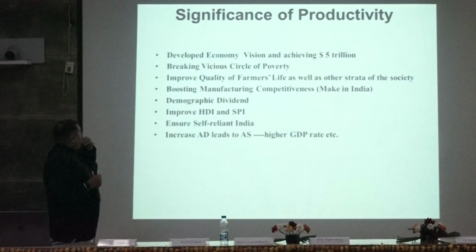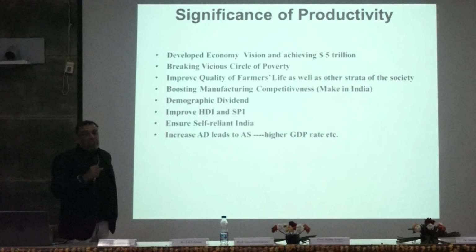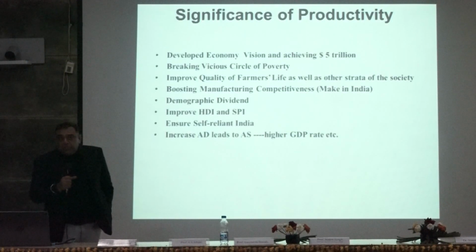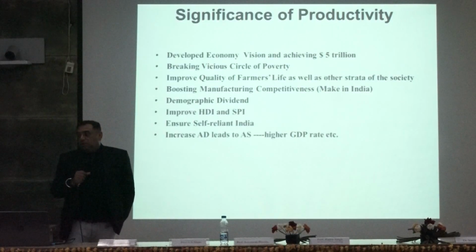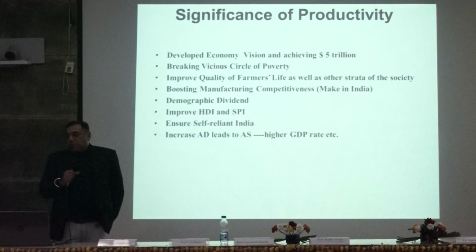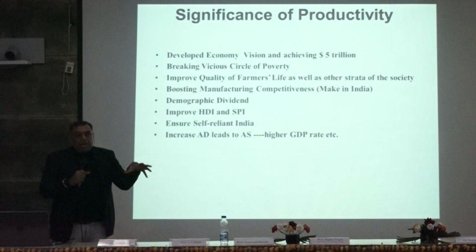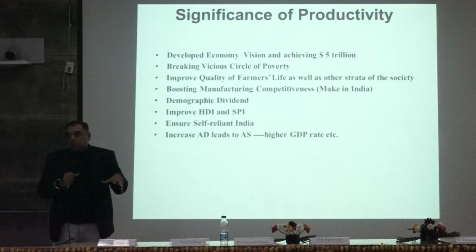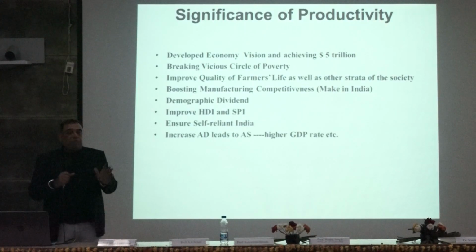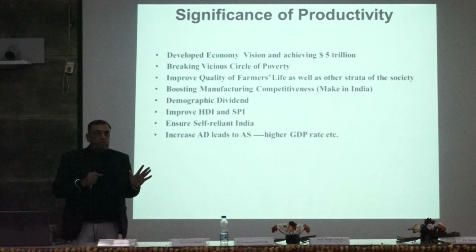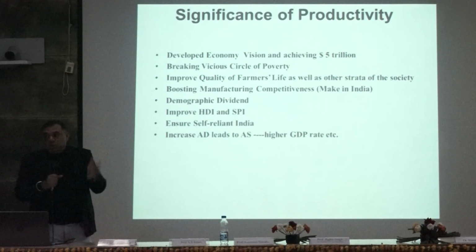Then the second is breaking the vicious circle of poverty. We cannot break the vicious circle of poverty without a mechanism. Until date India is in this vicious circle of poverty. We need to break it through the aggregate demand, aggregate supply mix.